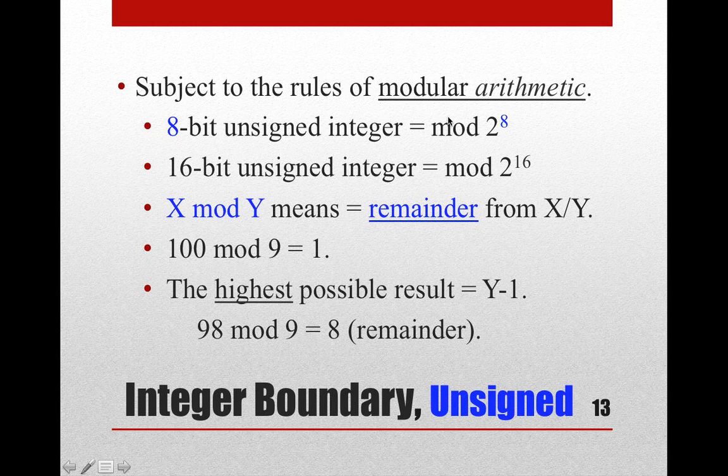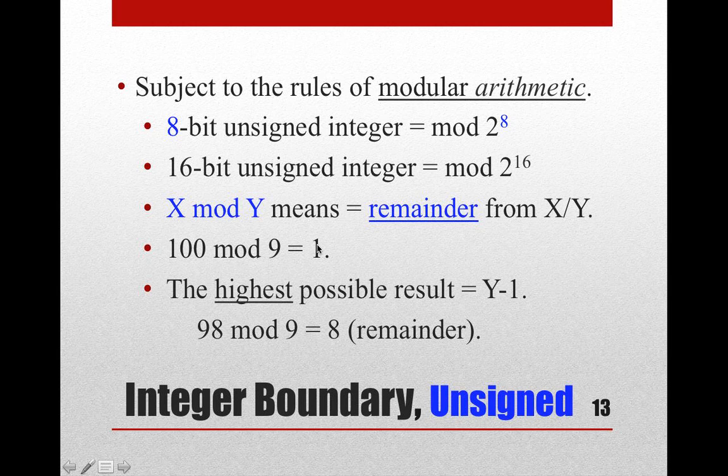This is the modulus right here, and it's calculated by the number of bits that we're working with. This is how you calculate it. It means that you divide 9 into 100 and you get a remainder of 1. This really isn't a very good example.